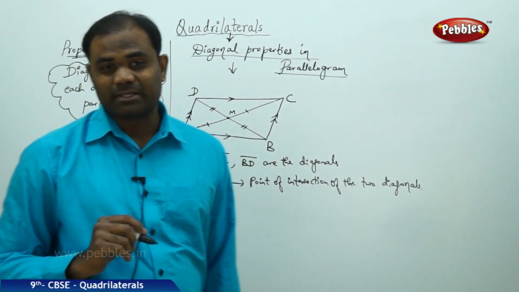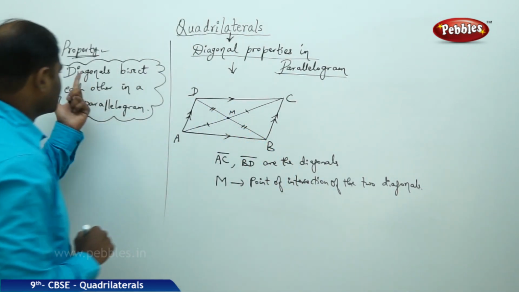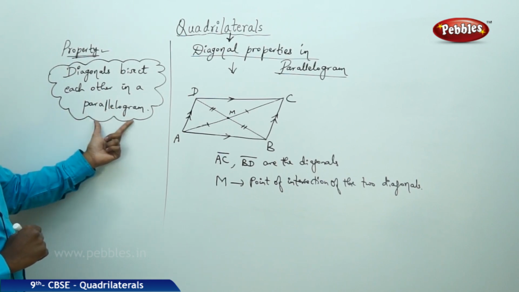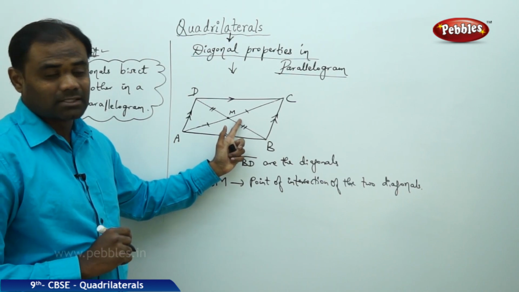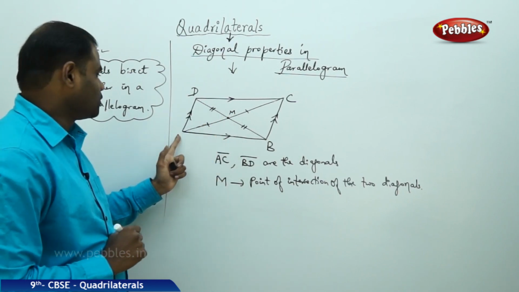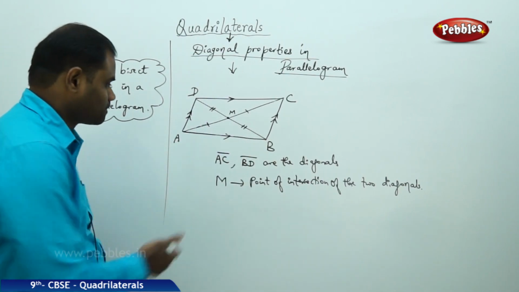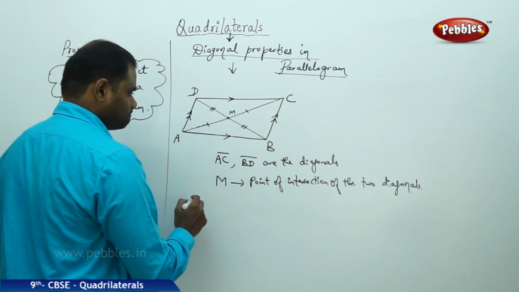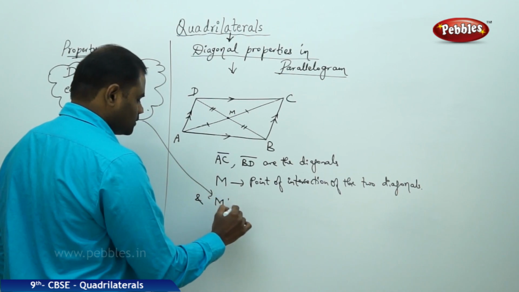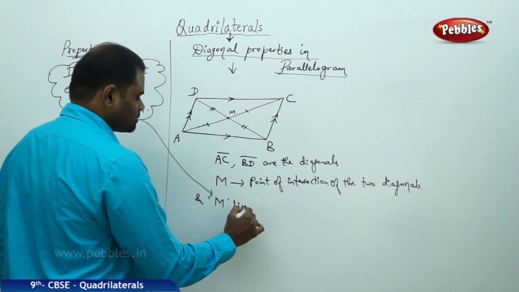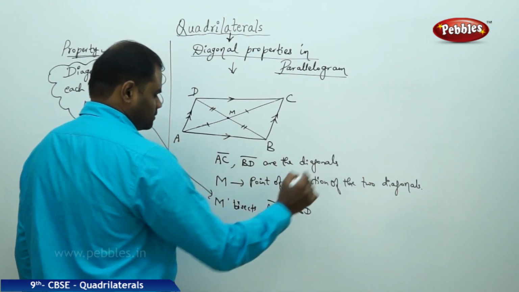That is how the bisection is understood in the parallelogram concept. Diagonals bisect each other in a parallelogram. Therefore, AC and BD bisect at point M. That is, M is the common midpoint for the diagonal AC and the diagonal BD. Using this property, M bisects AC and BD.